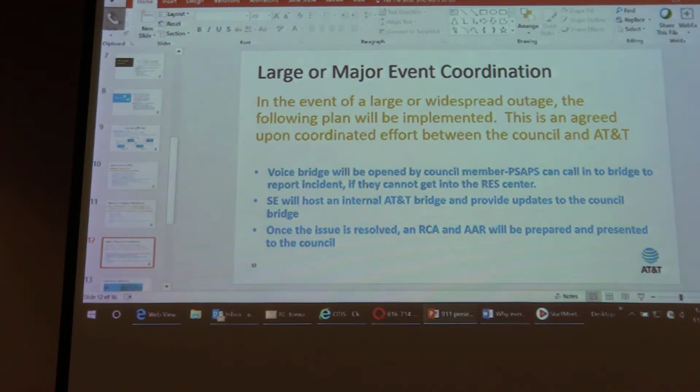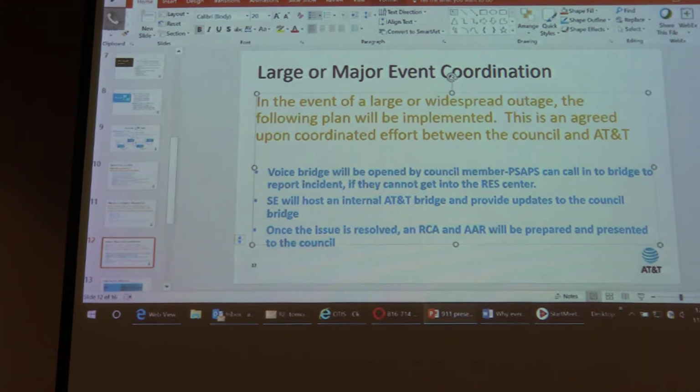They will open it, and as you try to call the rest center and can't get in, that bridge will be offered to you to call into to report your incident. It's not a help desk bridge, and it's not a bridge you would stay on, because we're trying to cover the masses for a large outage. Your goal is to get on, tell them what your problem is, give them any information you would need as if you were opening a ticket, and get off, and then another person may come on.